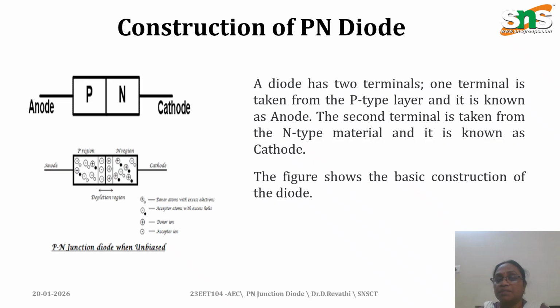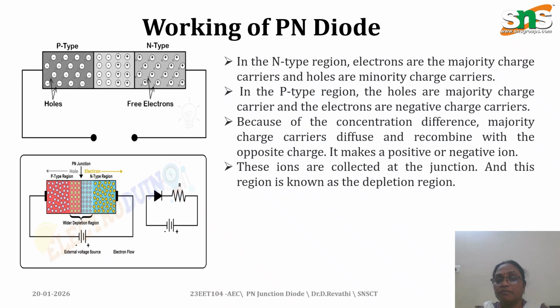In N-type material, electrons are the majority carriers and holes are the minority carriers, as shown in the diagram. The plus with a circle is holes, with a minimum number of electrons here, and here is the maximum number of electrons and the minimum number of holes.